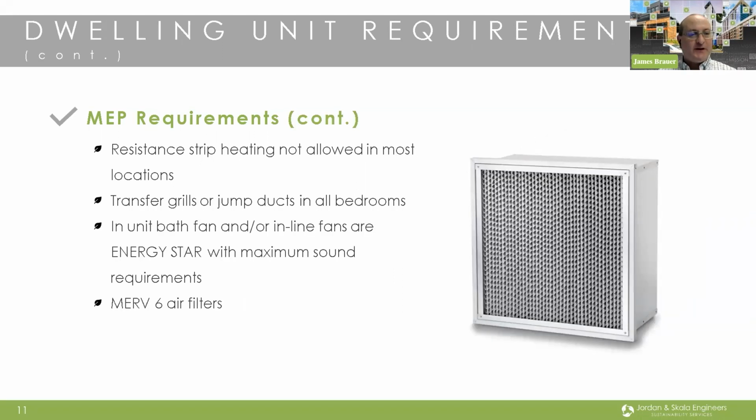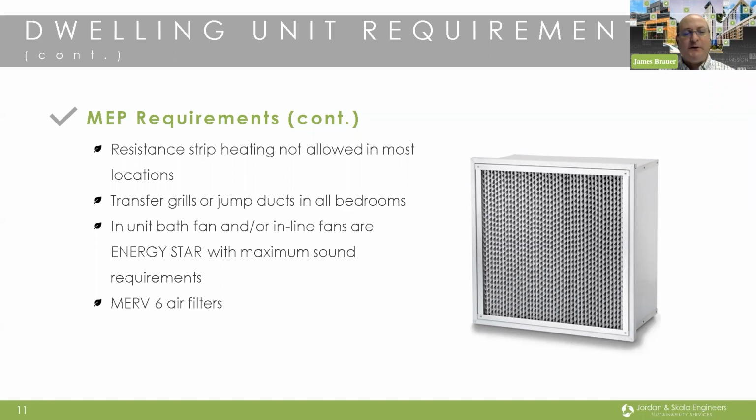Additionally, for the dwelling units, one of the probably biggest hurdles that some products have is in relation to the heating system. In most locations, resistance strip heating will not be allowed because they want a more efficient system for your heating needs, which gets, of course, more important in the northern climates where there are much more prevailing heating requirements.